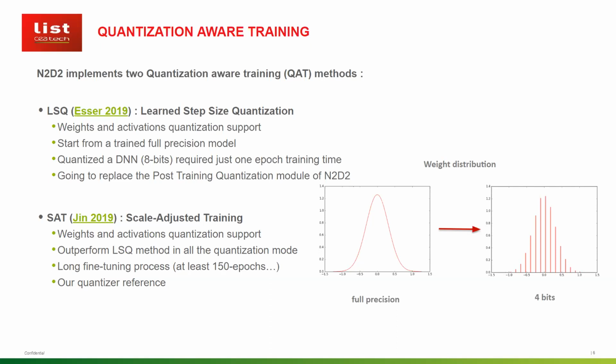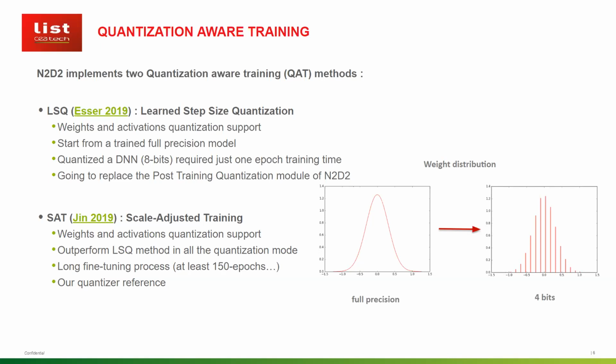And so how we do it, we start from the full precision model, and this is our starting point. And after we provide the full retraining with a certain number of epochs in order to adjust those distributions and find the best redistribution between the left and the right plot.